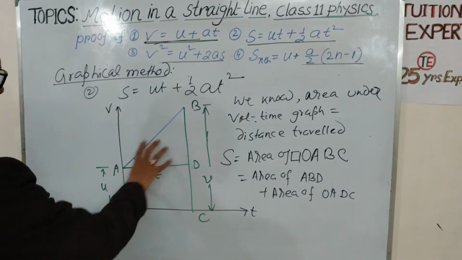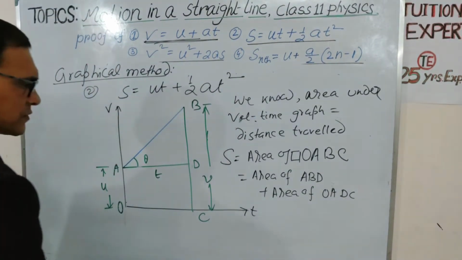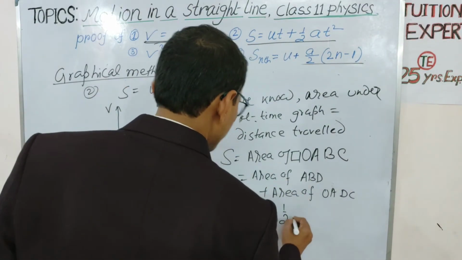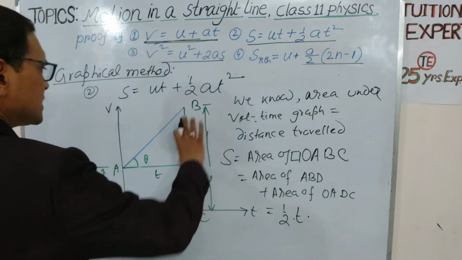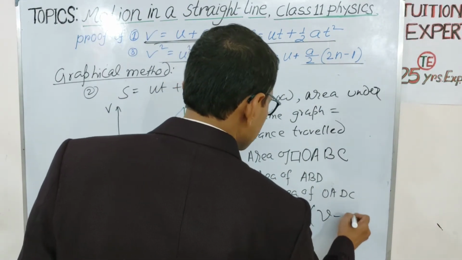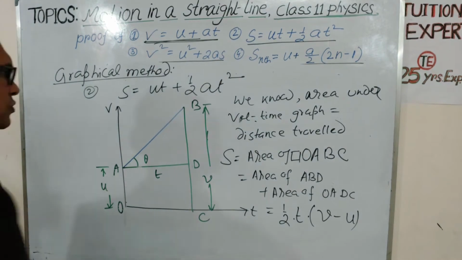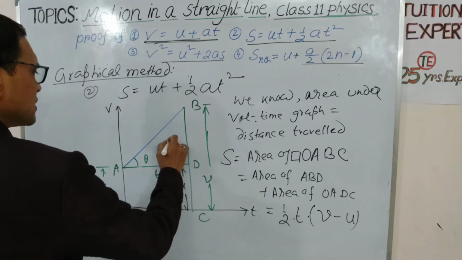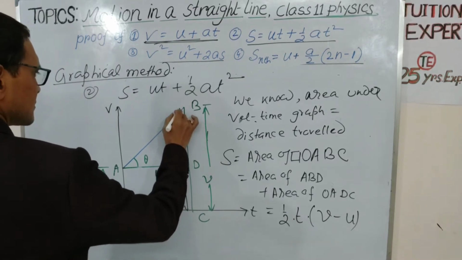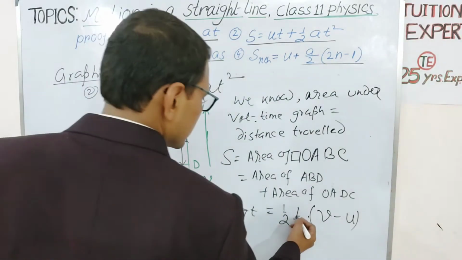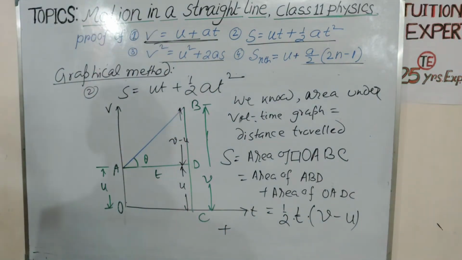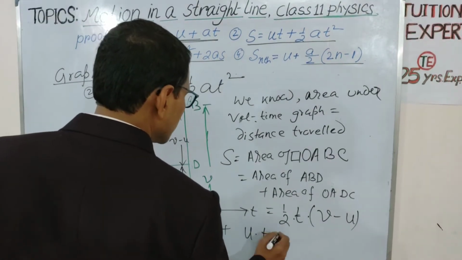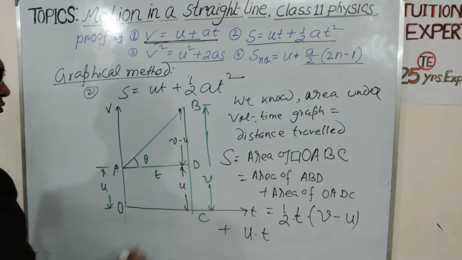The area of ABD equals half base into altitude BD. What is BD? BD equals V minus U, because this is V, this is U. And plus the area of OADC, which is length into breadth, U into T. This is T, this is U.